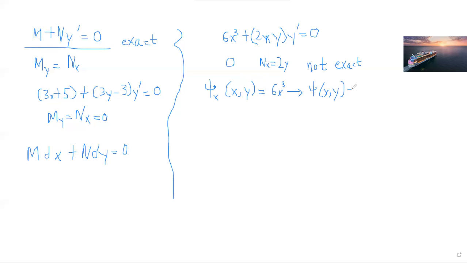That would equal, okay, so then that would be 1.5 x to the fourth plus a function, let's call it g of y. Okay, but let's try to differentiate this with respect to y.